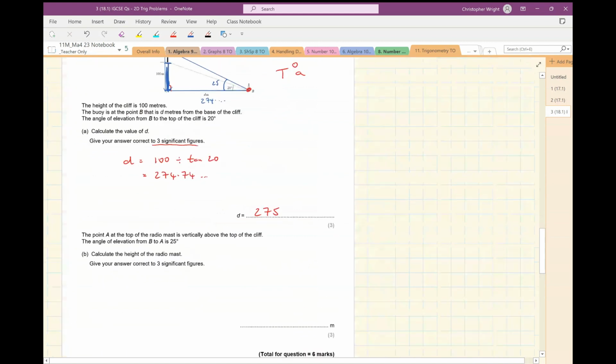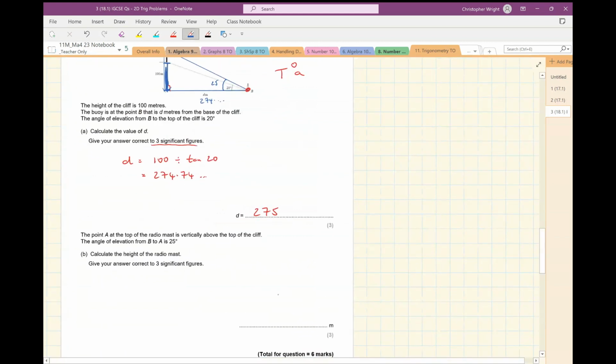So what I've got is the C here, the buoy here at the point B. I've got the top of the radio mast here. And that angle is 25, and this is 274.74.